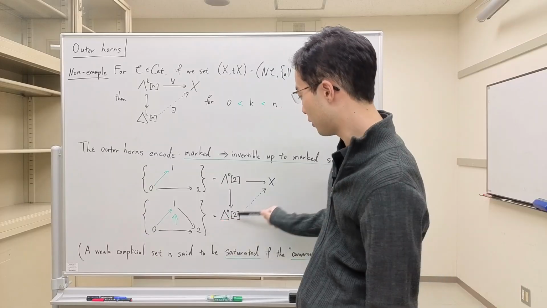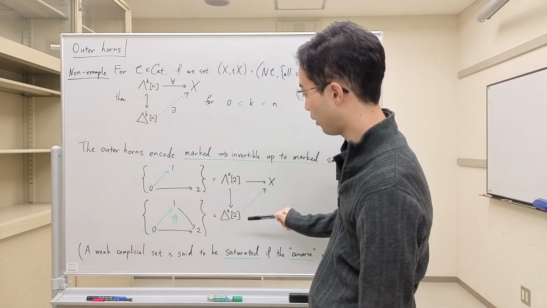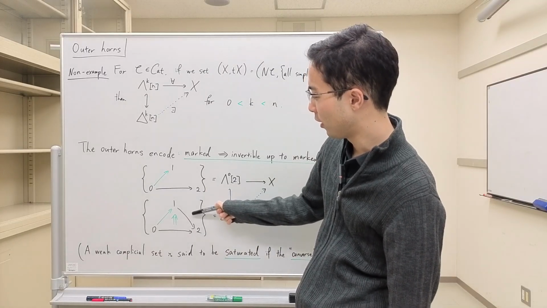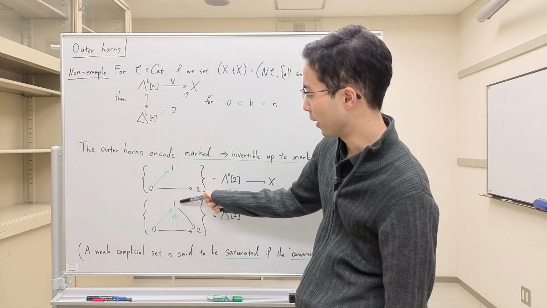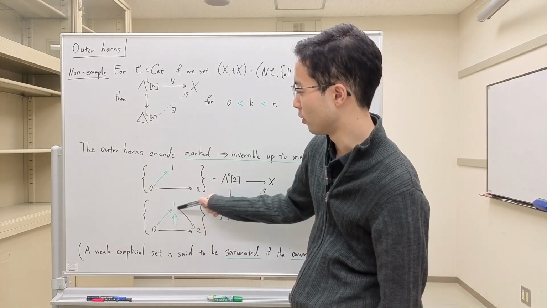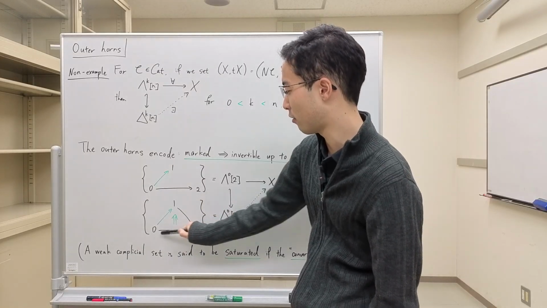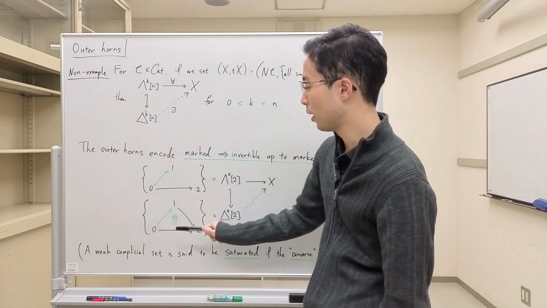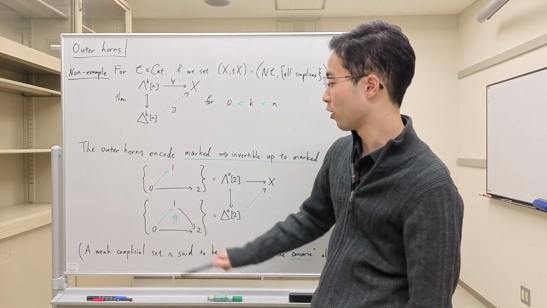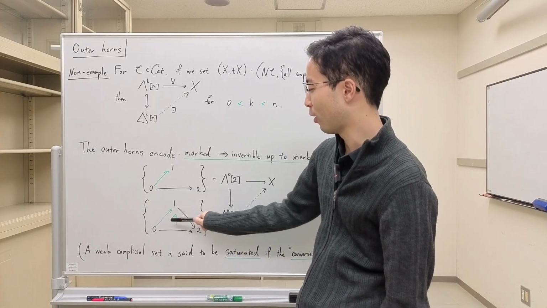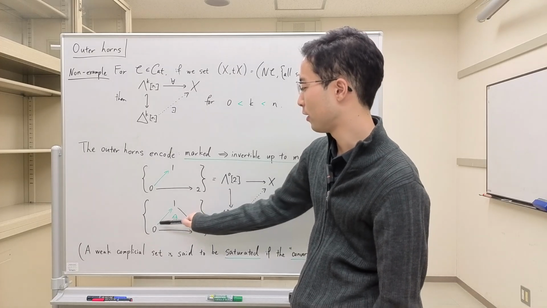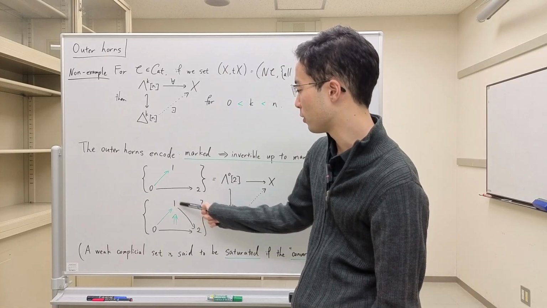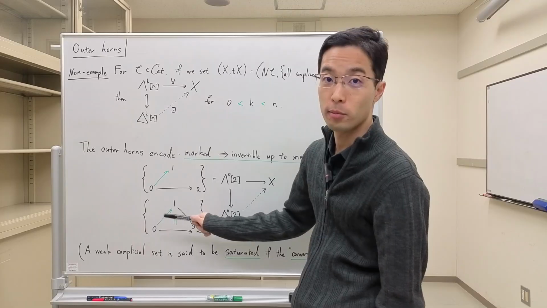But then this map will encode some one simplex basically going in the opposite direction to the original one, because this is the degenerate one simplex. And this marked 2 simplex we want to think of as an equivalence. So this is witnessing the fact that the marked one simplex that we chose has a retraction up to marked 2 simplex.